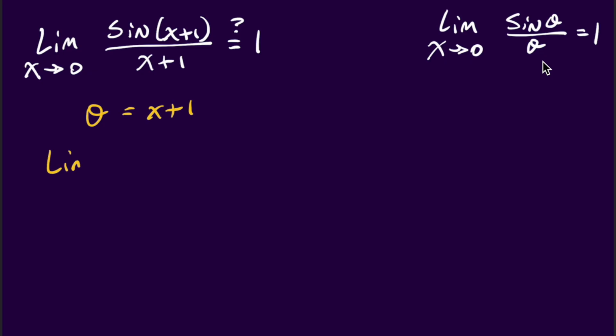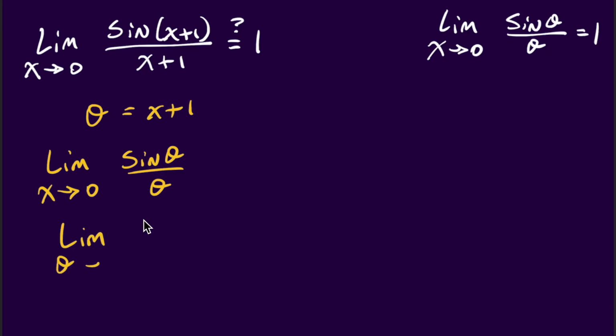We're going to replace x plus 1 with theta, and we end up with sine of theta over theta. The problem is we have x going to 0, but we have thetas in the limit. So we have to rewrite this with theta going to something as x approaches 0.